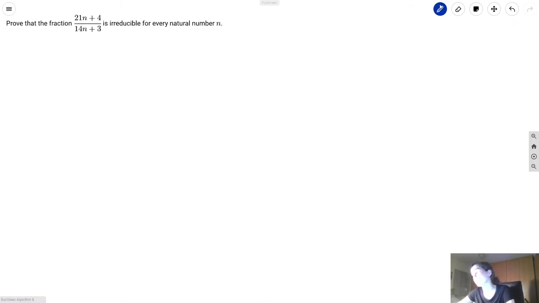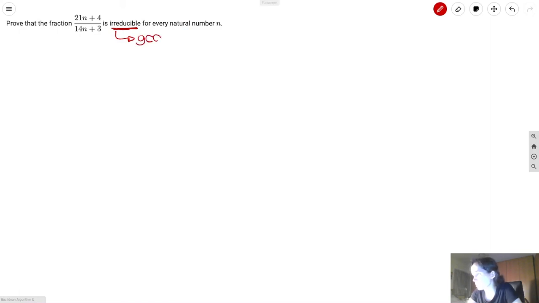You won't expect any IMO questions this easy anymore. They tell us to prove that the fraction (21n plus 4) over (14n plus 3) is irreducible for every natural number n. So what does irreducible mean? Irreducible means simply that the top part and the bottom part have a GCD of 1.